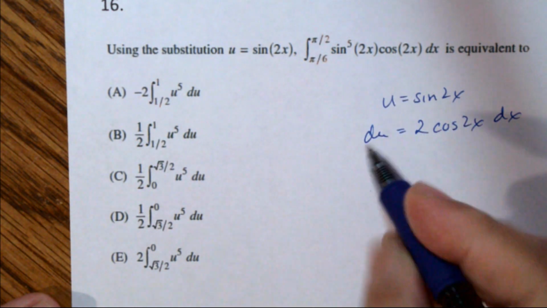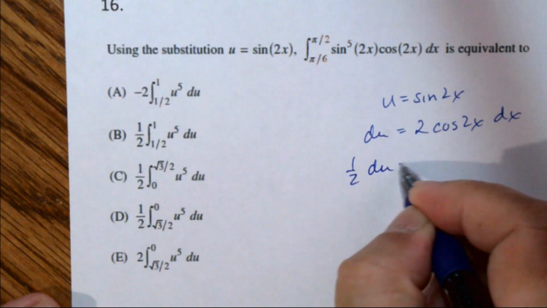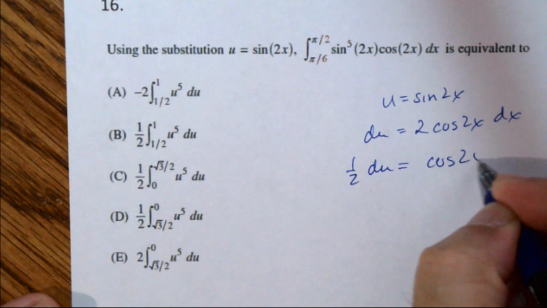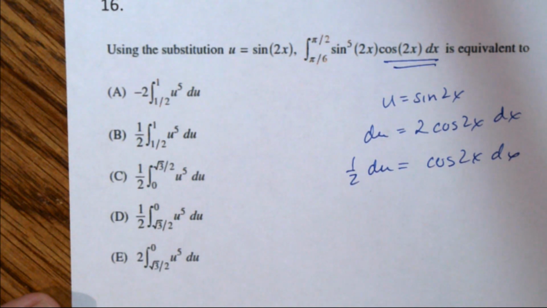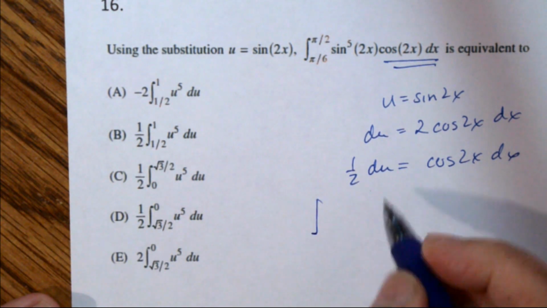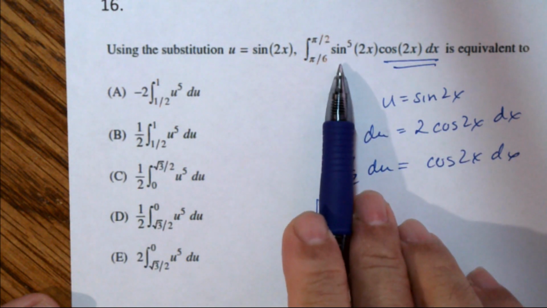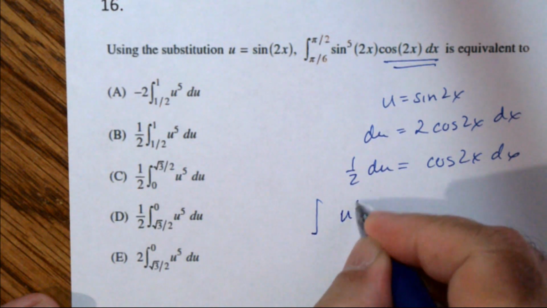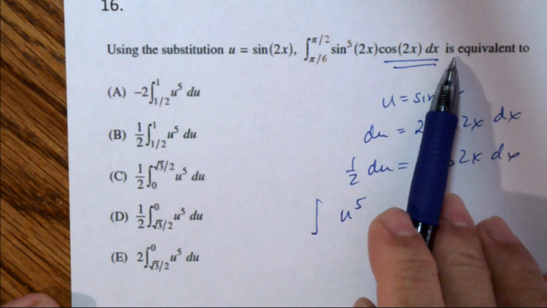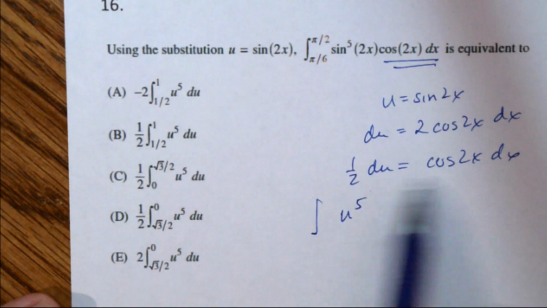So I'm going to just say 1/2 du equals cosine 2x dx. So I can replace the cosine 2x dx with 1/2 du. So let's do the substitution. I'm not going to write sine to the 5th, I'm going to write u to the 5th. So it's u to the 5th, and I'm replacing cosine 2x dx with 1/2 du.